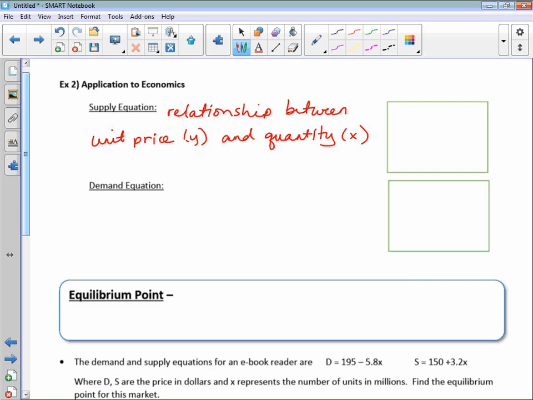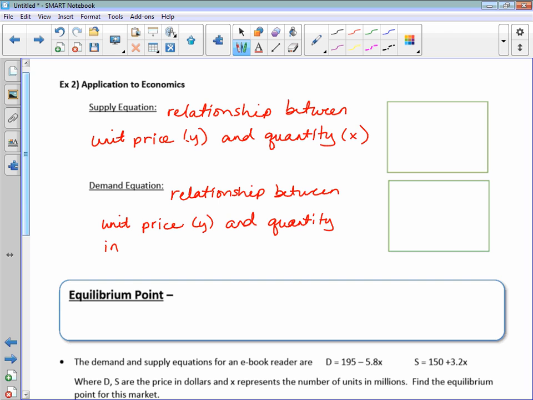And then the way we look at demand, it's the relationship between unit price, which is your Y, and quantity and demand, which is your X. I'm not going to draw any pictures just yet.